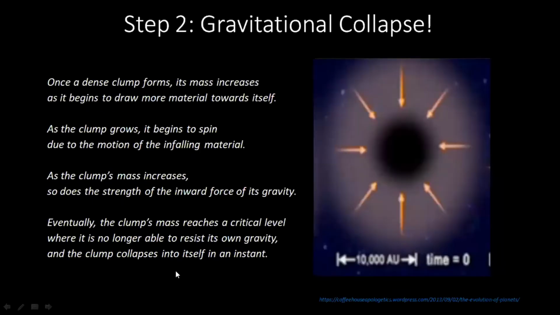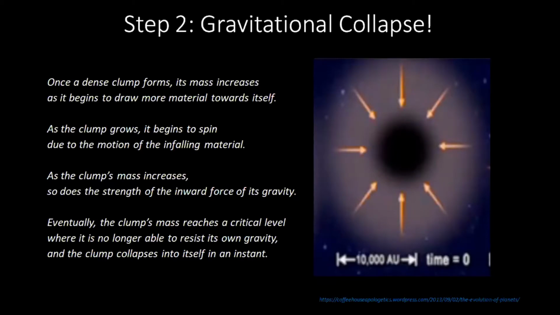But for whatever reason, this dense core began to form, and as it became denser, its gravity became stronger, its mass increased, and it began to draw more material into itself. And as that clump grew, it started to spin because of the motion of the infalling material.